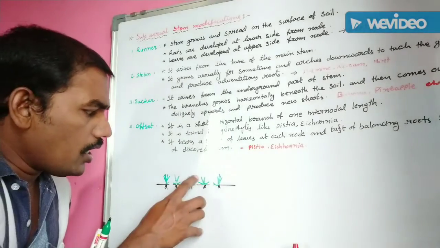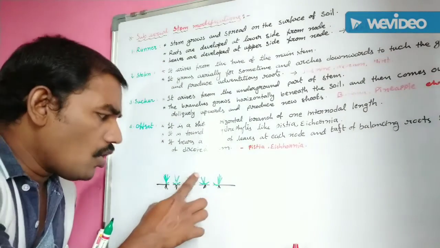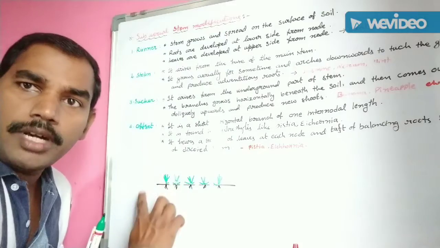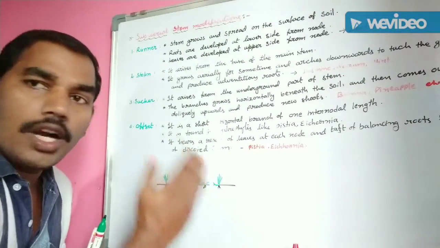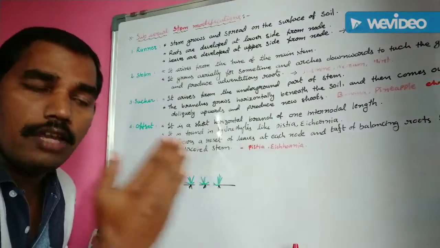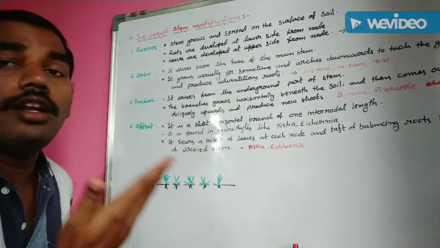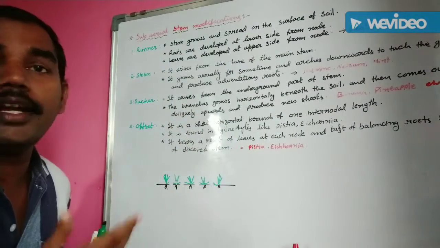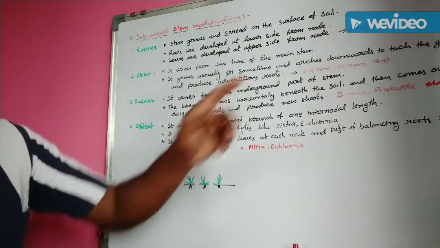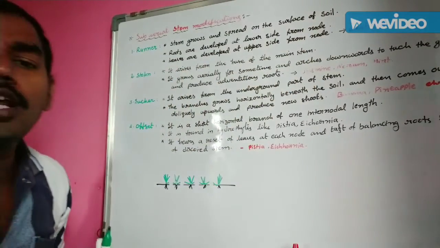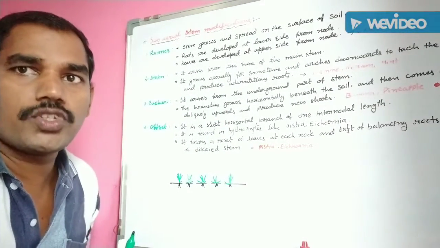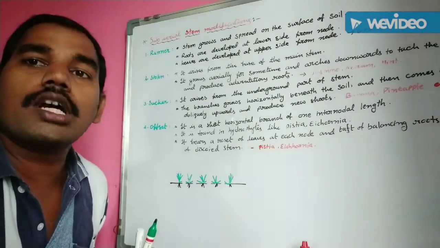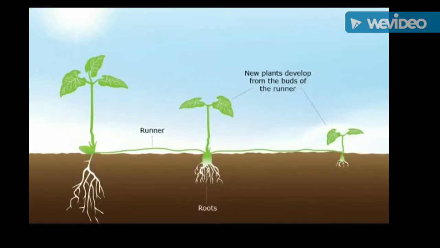If the internodal region breaks from the mother plant, the separated nodal region lives as an individual plant. This type of plant is known as a runner. They are mainly helpful for vegetative propagation. The best example is oxalis.